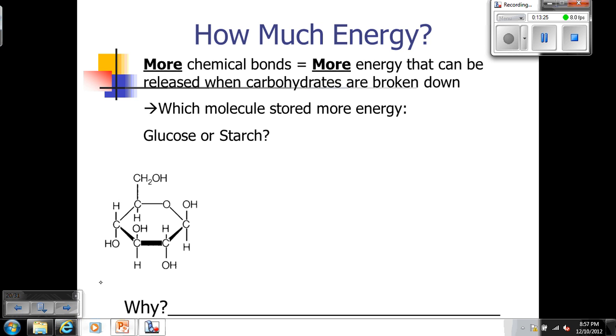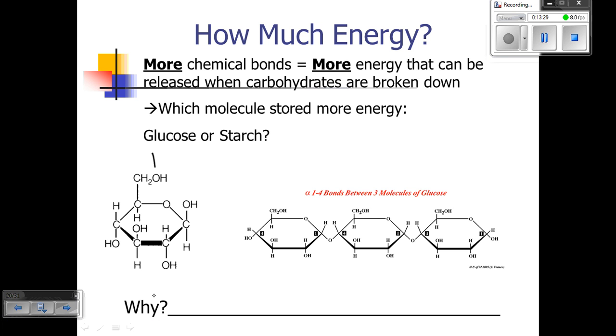However, one glucose molecule doesn't have nearly the number of chemical bonds that 3 glucose molecules does. Okay? Because more sugars equals more bonds.